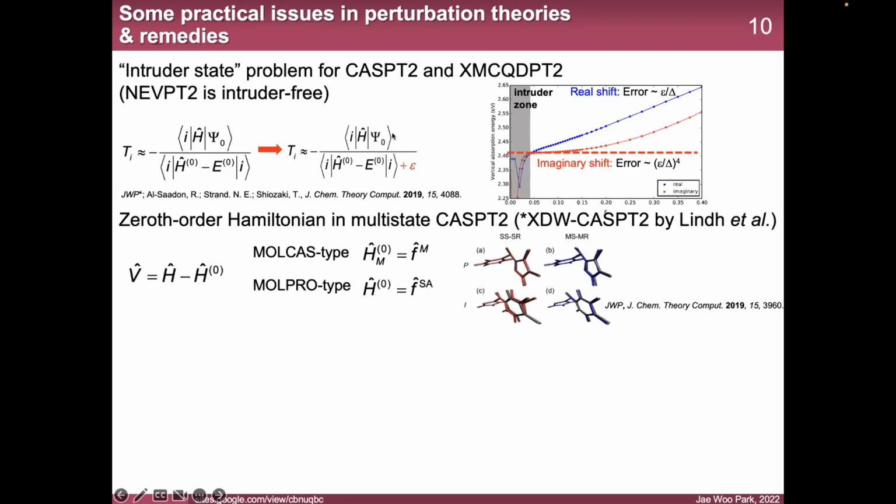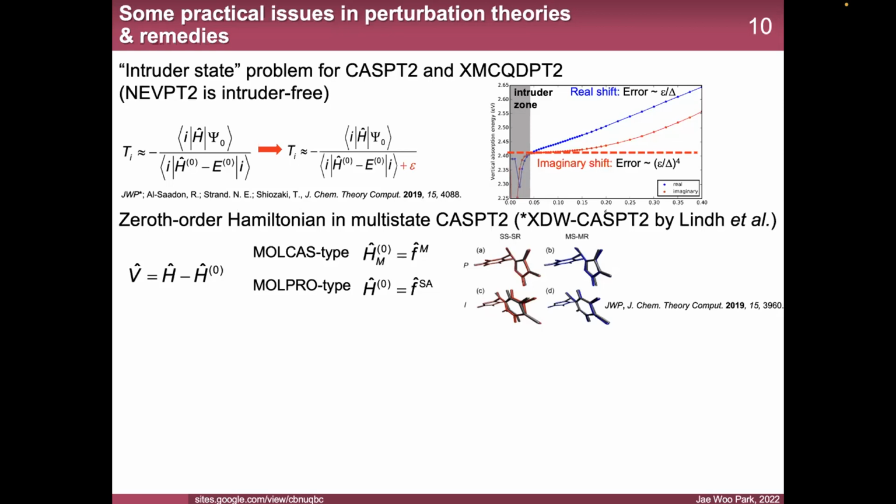And in multi-state CASPT2, the definition of the zero-order Hamiltonian is different. In MS-CASPT2, the default zero-order Hamiltonian is the state-specific Fock operator, while in XMS-CASPT2, the default zero-order Hamiltonian is the state-average Fock operator. So this leads to changes in the conical intersection structures like this.